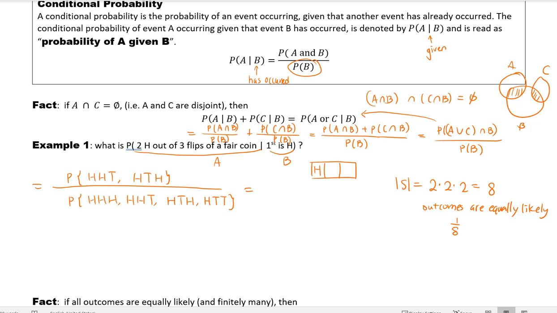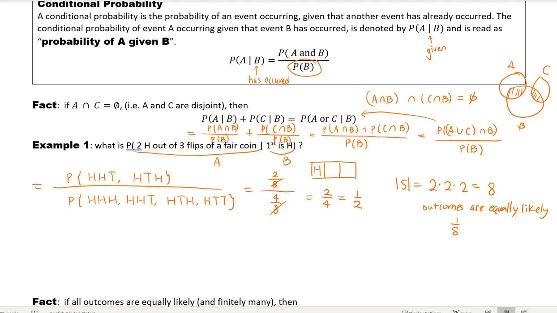Now the numerator event has 2 outcomes, so the probability is 2/8. The denominator event has 4 outcomes, so the probability is 4/8. The 8s cancel, we get 2/4, which is 1/2. So the probability of 2 heads out of 3 flips of a fair coin, given that the first is head, is 1/2.